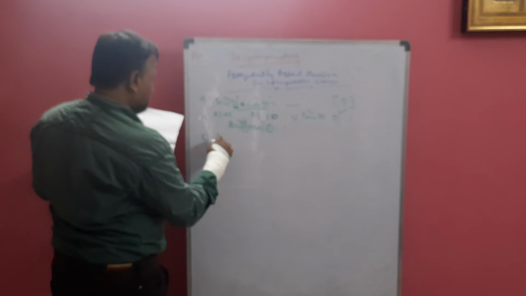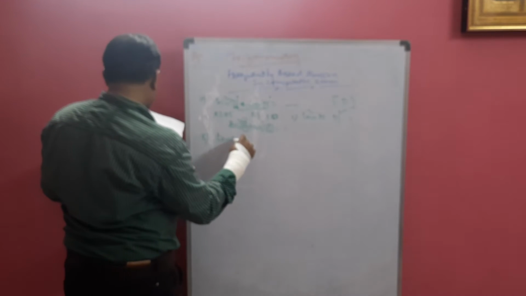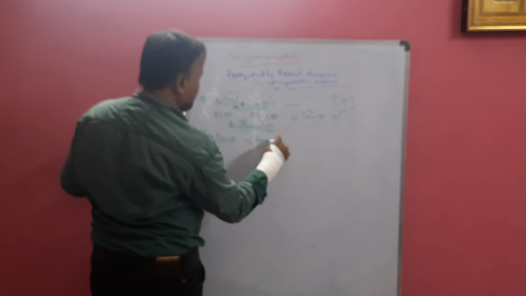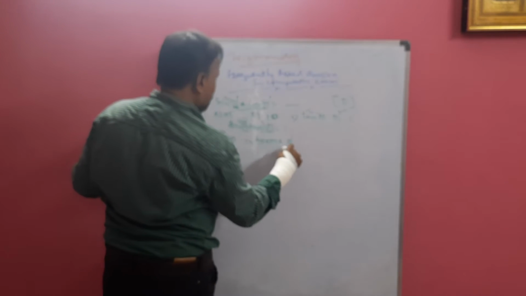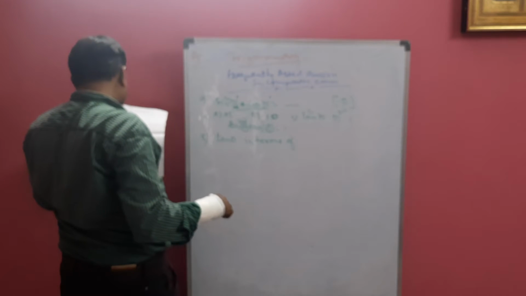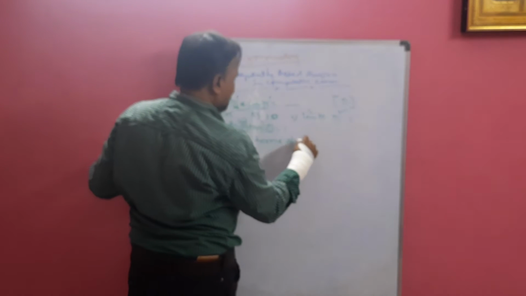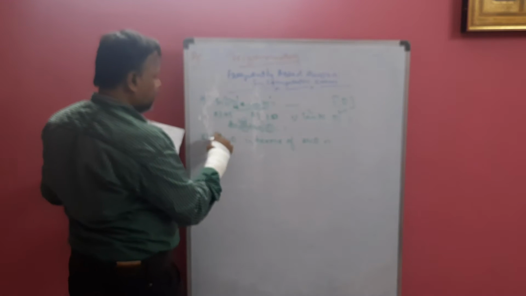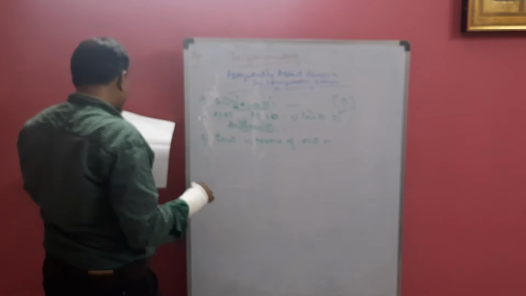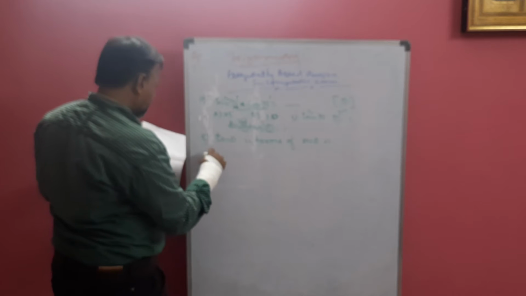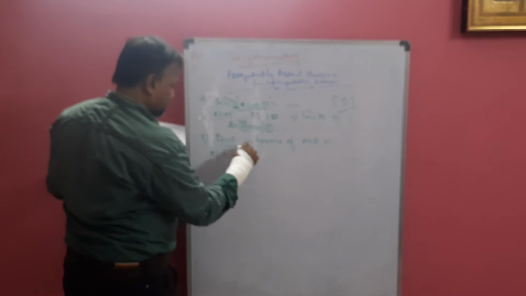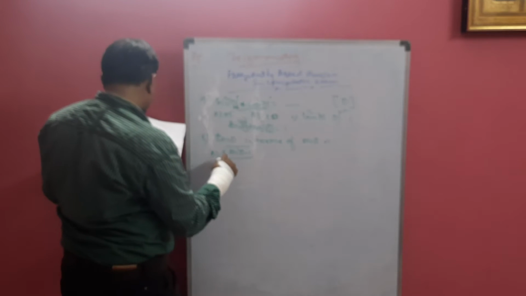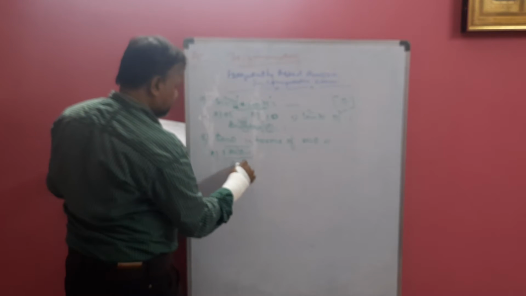Now the 8th one is tan theta in terms of sec theta. We have to get the value of tan in terms of sec. Option A is sec square theta minus 1 divided by sec theta.